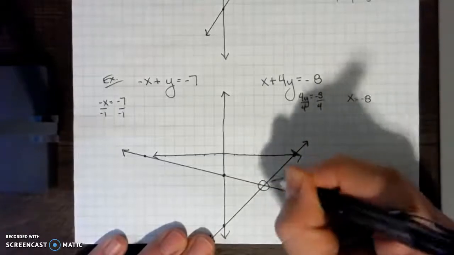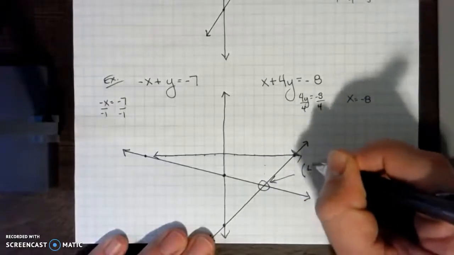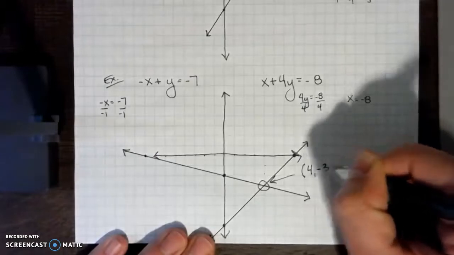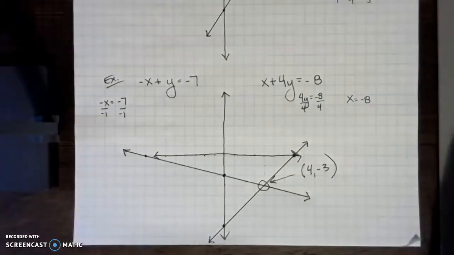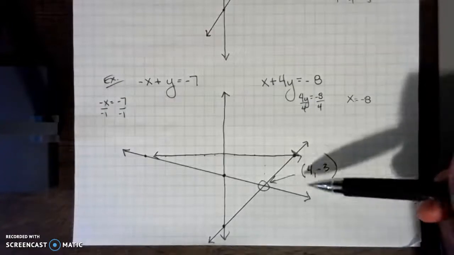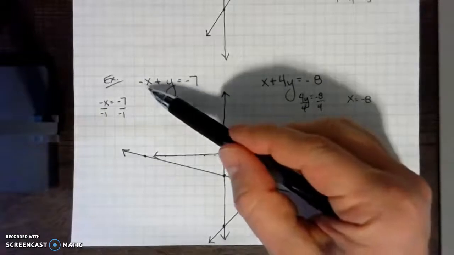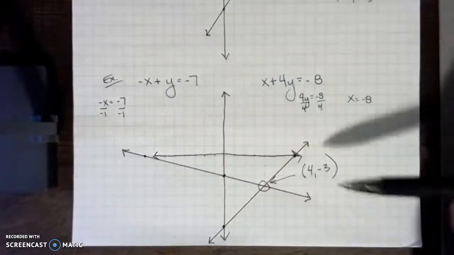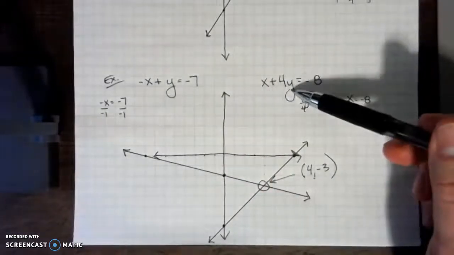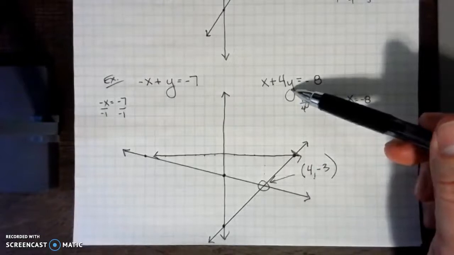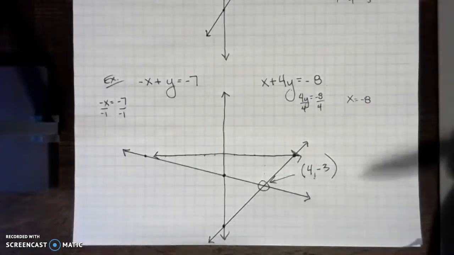Right here, x is 4 and y is negative 3. So that would be our point of intersection. Again, we could always check that. Plug in 4 for x and negative 3 for y. Well, negative 4 plus negative 3 equals negative 7. 4 plus negative 12, does that equal negative 8? Yes, it does. Okay.